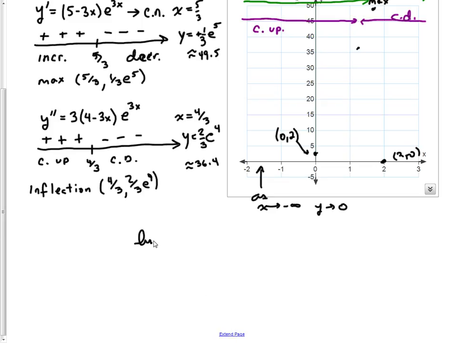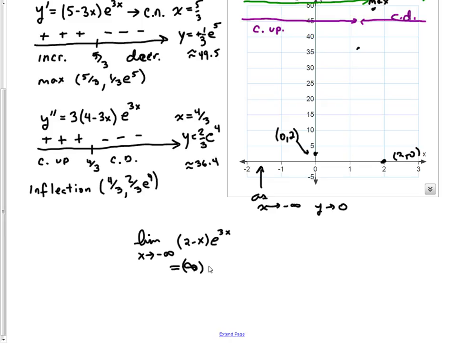If I were to take my limit as x tends towards negative infinity of 2 minus x times e to the 3x, we've got a product of two functions right here. The first part of this function, 2 minus x, is going to go towards infinity as x tends to negative infinity. 2 minus negative infinity is 2 plus infinity, that's infinity.